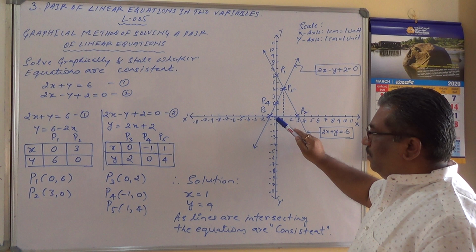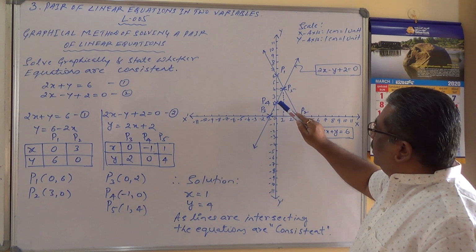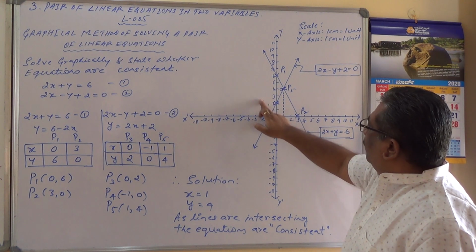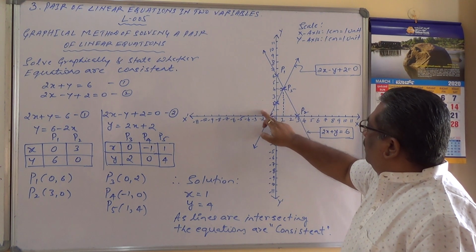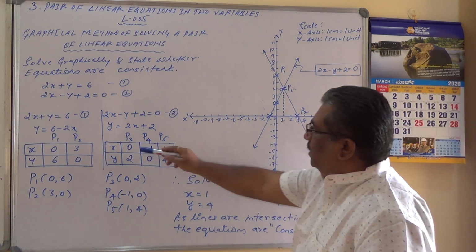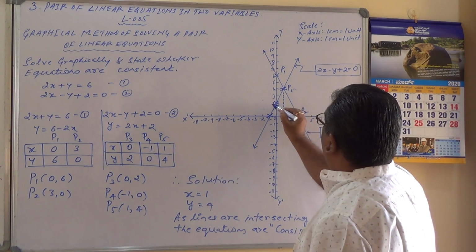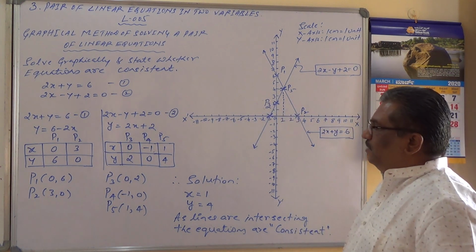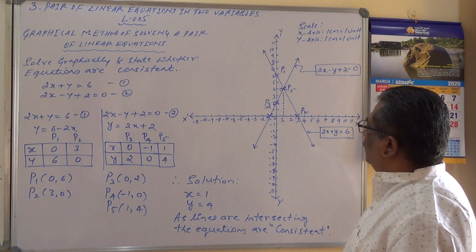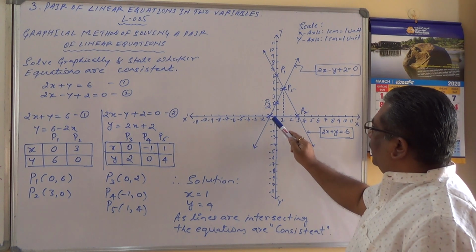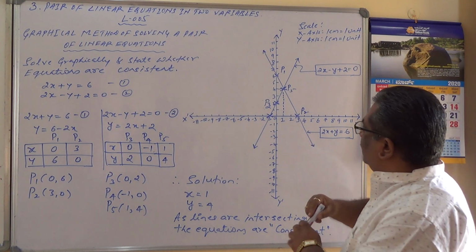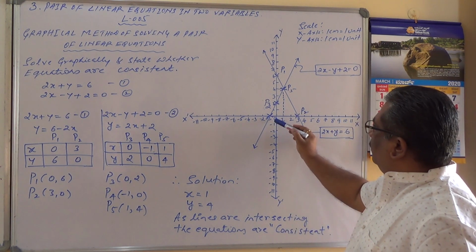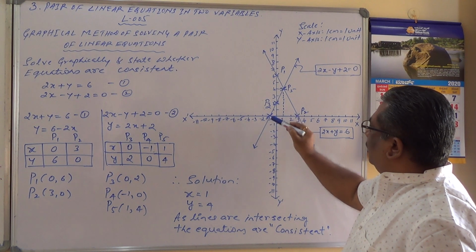Next, P4 is (-1, 0): -1 is the x coordinate on this side and y is 0.